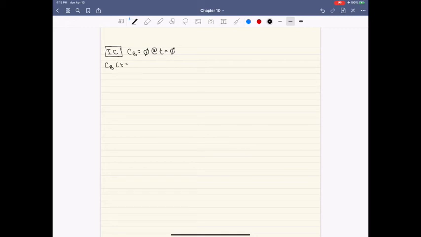So Cb at time equal to 0 is equal to 0 here. And so on the right-hand side, what we have is negative Ca naught times the exponential of negative K times 0, plus some constant. The exponential of 0 is 1. And so if we solve for our constant, what we get is that it's just equal to Ca naught.